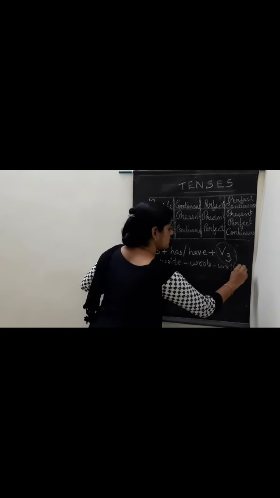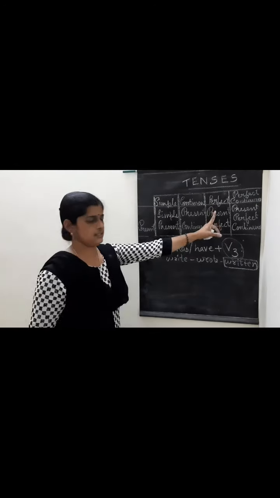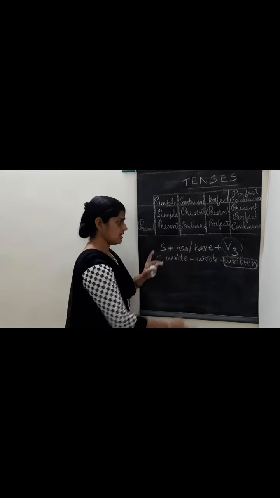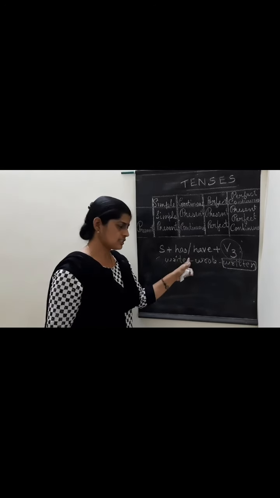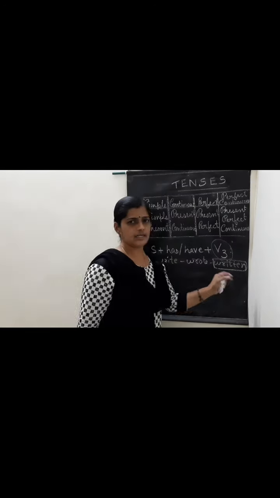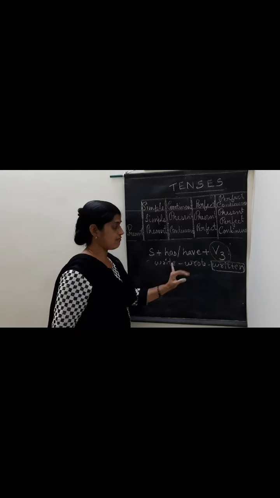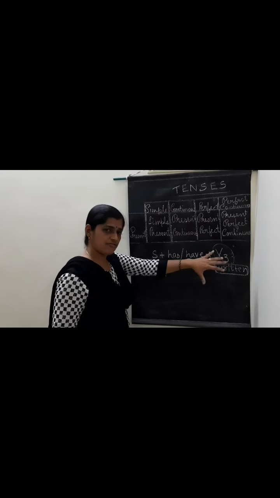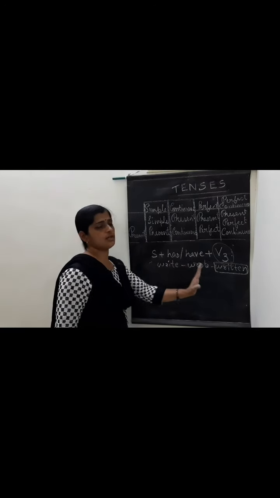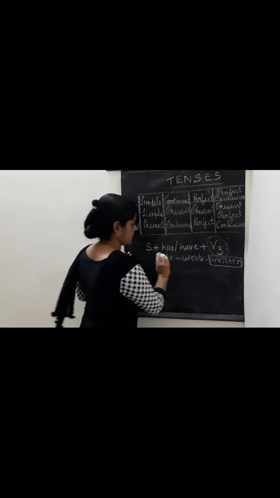The V3 form is written. V3 form is used in perfect tenses. She has written, they have written, he has gone, I have gone, she has completed. So that is a V3 form. You have to learn a list of verbs in the three forms in the beginning before you start learning any tense form.